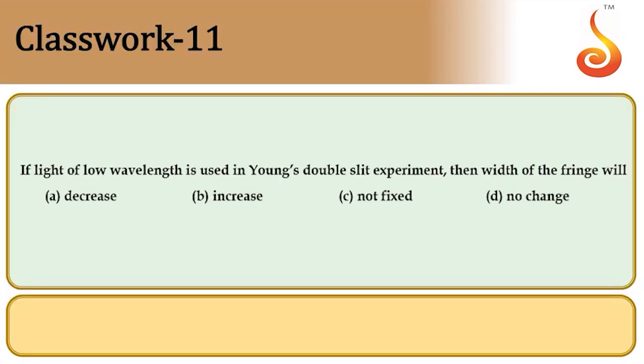So now beta is given by lambda D divided by d. Now if the wavelength decreases, the fringe width decreases. So as the wavelength of the light used decreases, the fringe width also decreases. A is the correct choice.